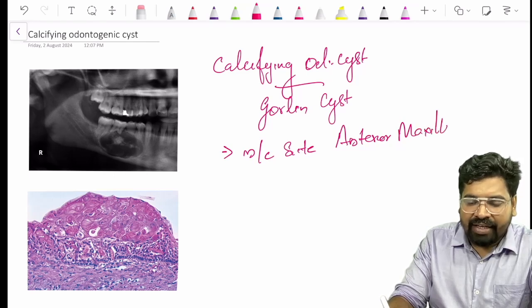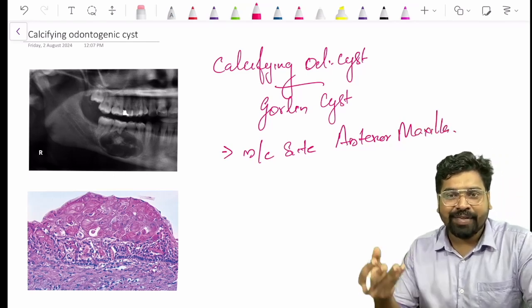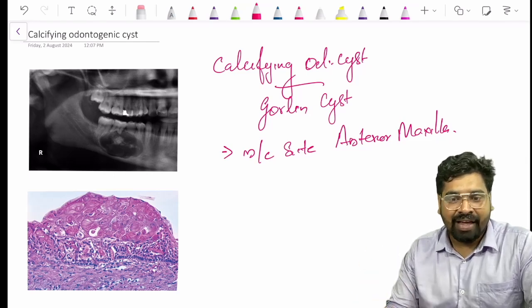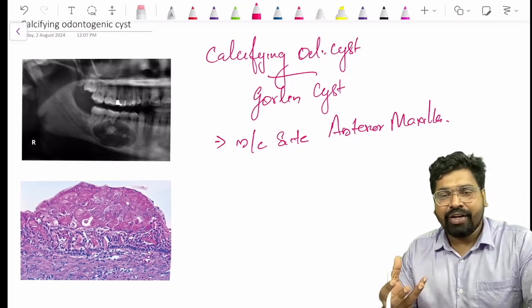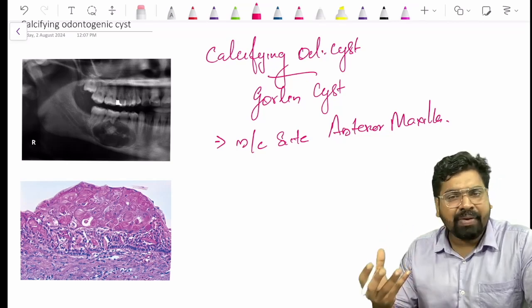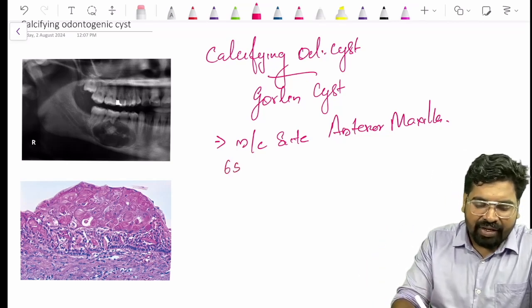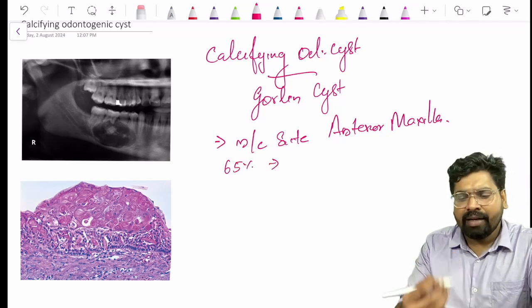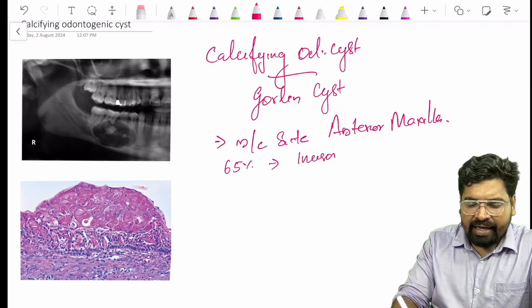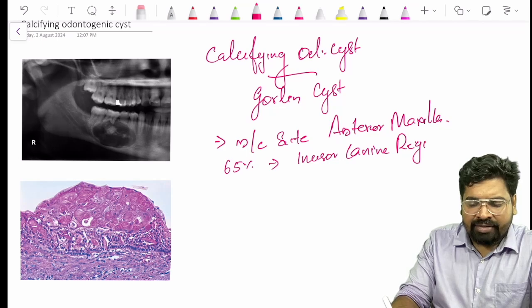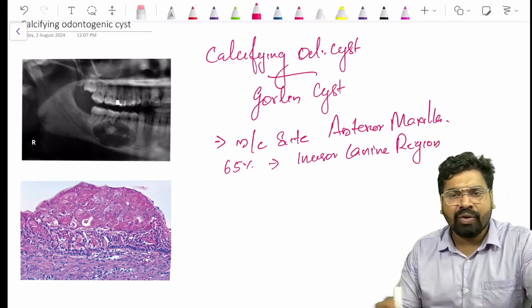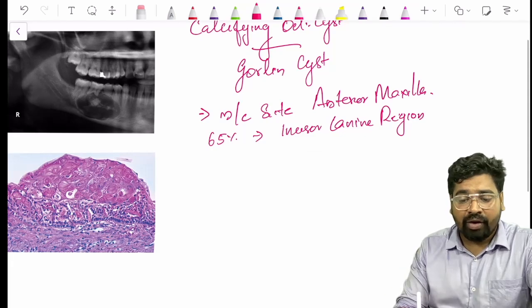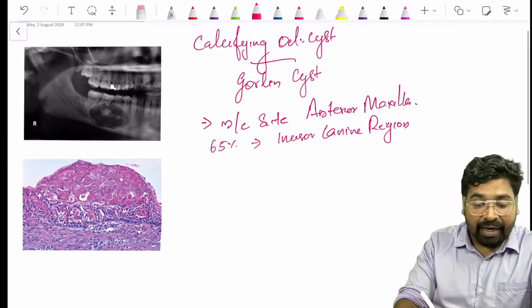So far, we have seen posterior mandible as a common site for your dentigerous cyst and your OKCs, right? The peculiarity of COC is that 65% of the cases come in the anterior maxilla, the incisor canine region, and it can come in association with an impacted canine.